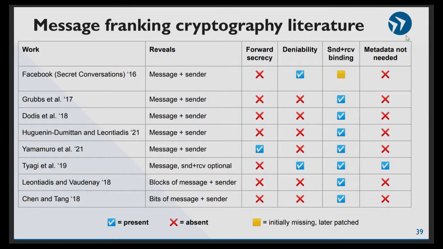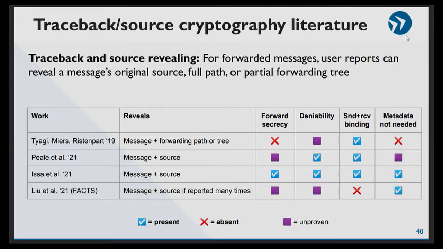There is a whole robust line of work on message franking in the cryptography literature. It goes back to 2016, which is ancient history as far as this stuff is concerned. And I believe one of them is deployed at scale in WhatsApp. So that's a thing that has been there for quite some time. Then there's sort of a different question of, well, what do we actually want to reveal when we make a user report?